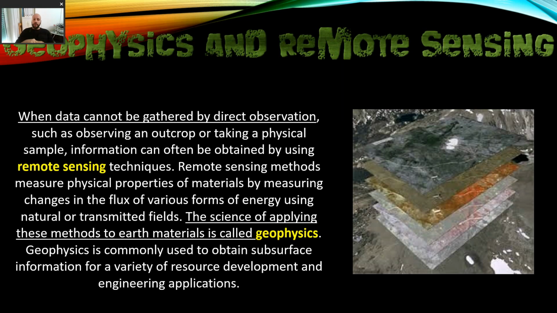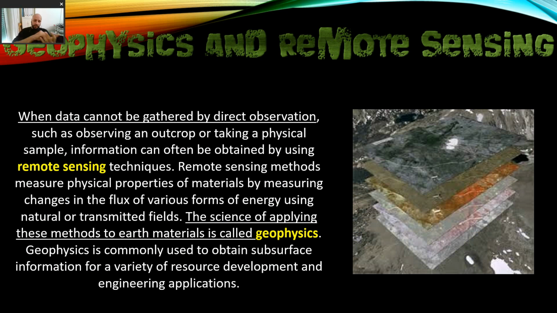Finally, I would like to show you also the relationship of remote sensing and geophysics. As you know, remote sensing is data gathered with not direct observation, okay?